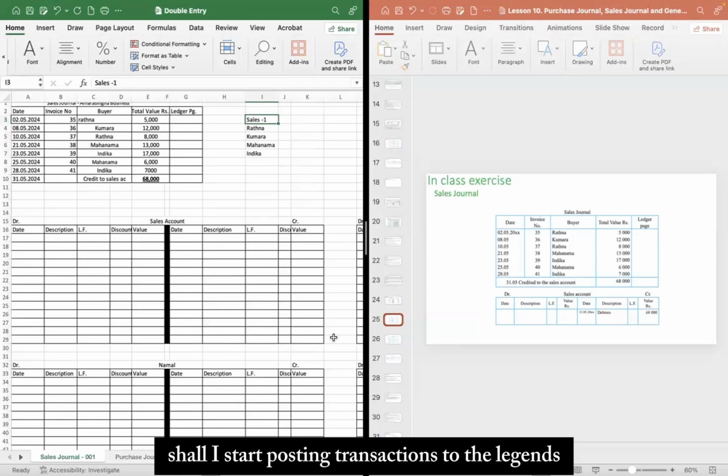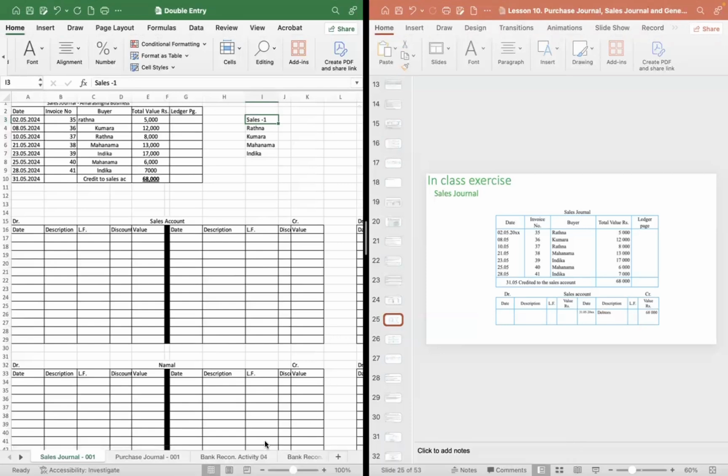Shall I start posting transactions to the ledgers? Okay, sir. So let's post these.